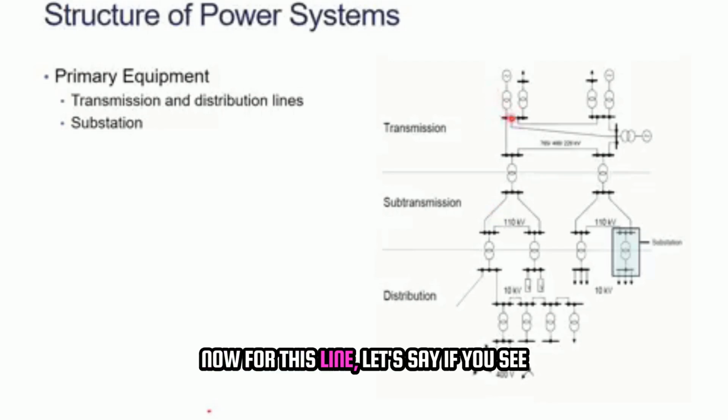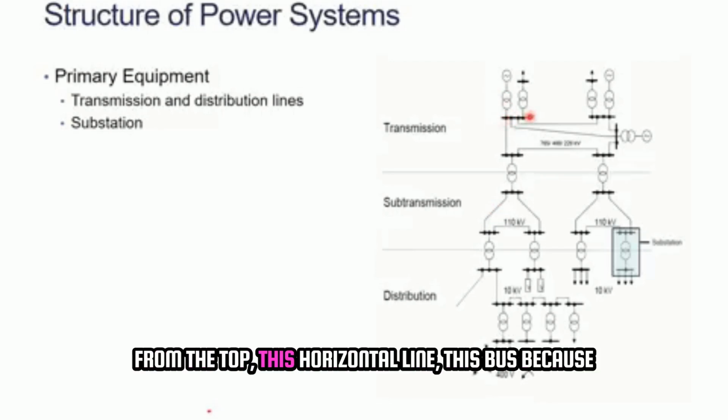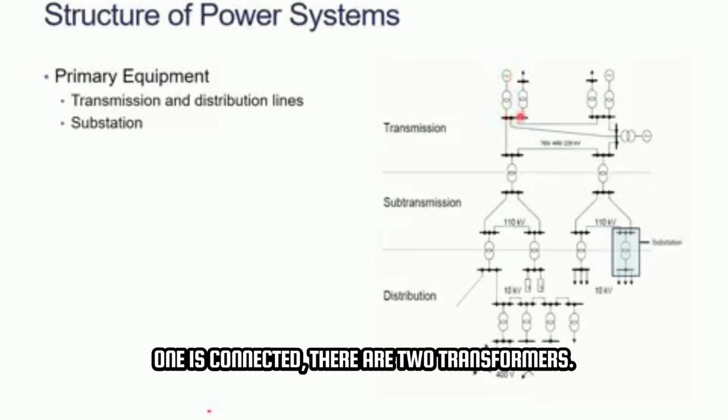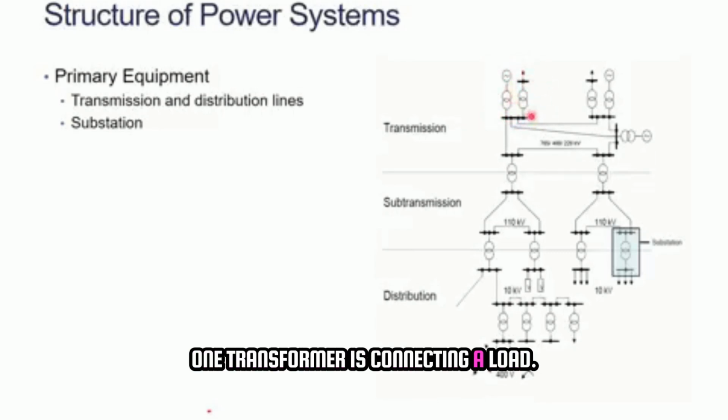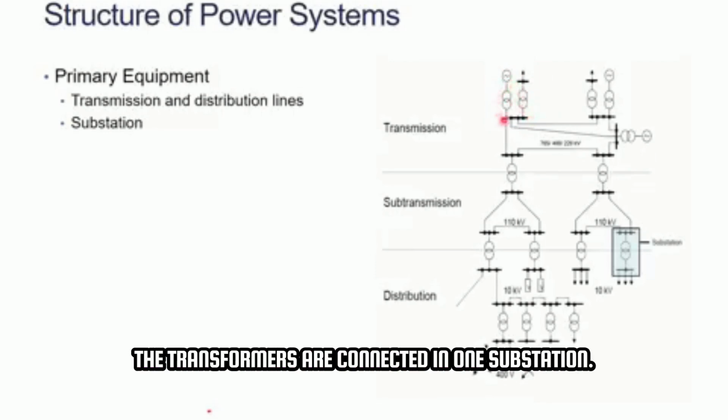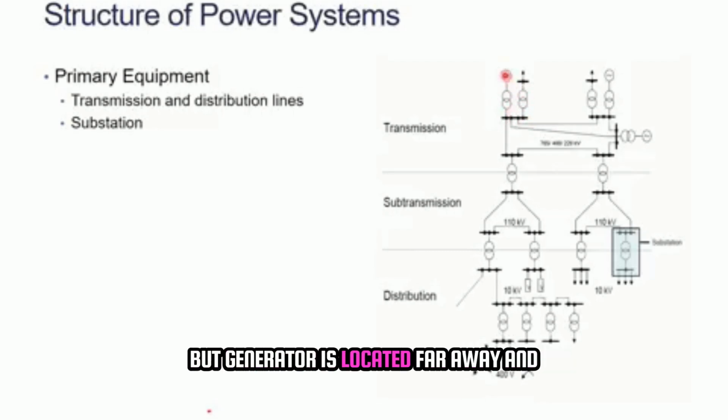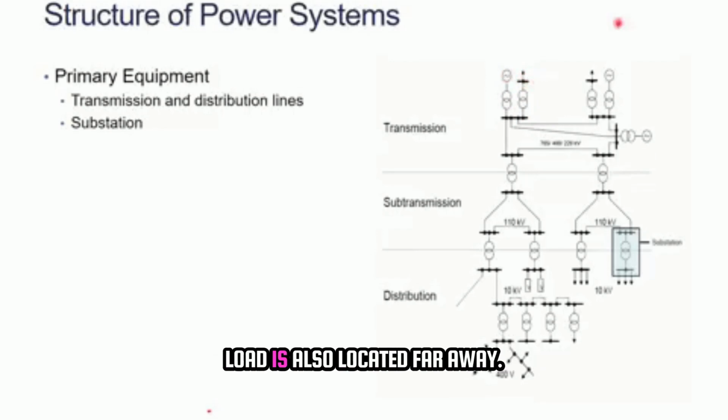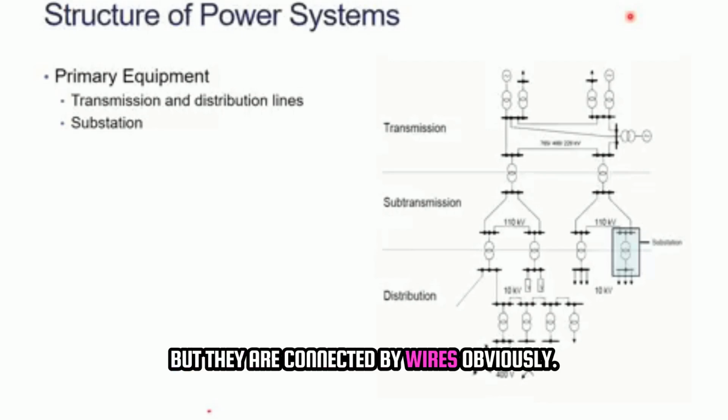Now for this line, if you see from the top, this horizontal line, this bus, there are two transformers connected. One transformer is connecting a generator and one transformer is connecting a load. There can be a situation where both the transformers are connected in one substation, but the generator is located far away and the load is also located far away, but they are connected by wires obviously.